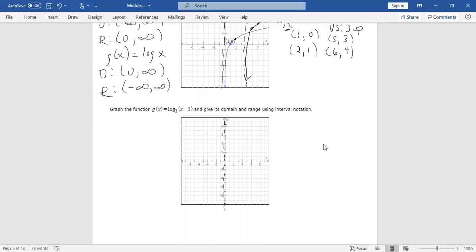And remember, for all logarithmic functions, it will go through the point 1, 0. And whatever the base is, in this case 2, 1. So our parent function would look like this before the shift.